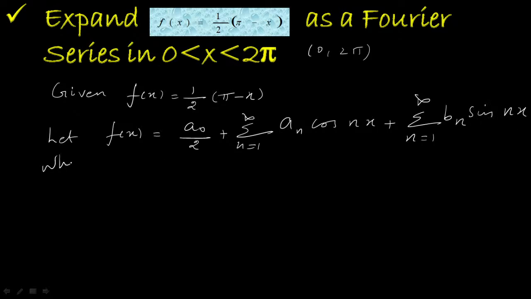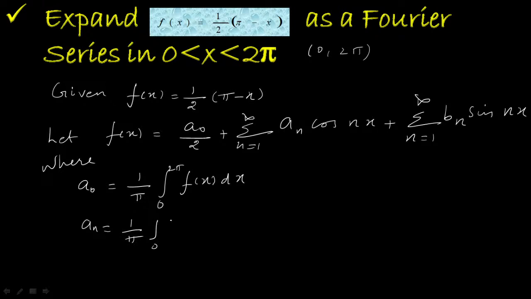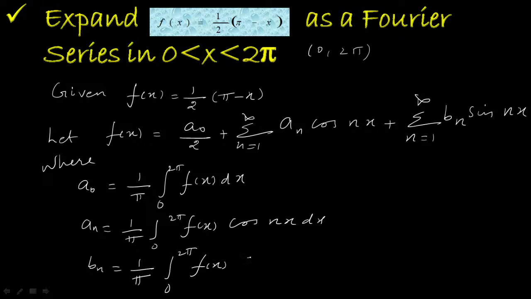Here we use the formula a naught is equal to 1 by pi integral 0 to 2 pi f of x dx, and a n is equal to 1 by pi integral 0 to 2 pi f of x cos nx dx, and b n is equal to 1 by pi integral 0 to 2 pi f of x sin nx dx.